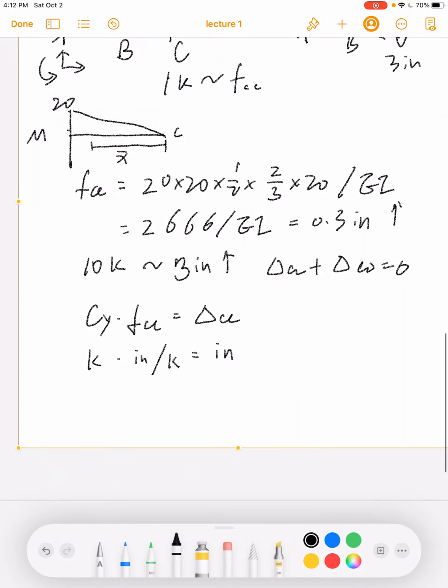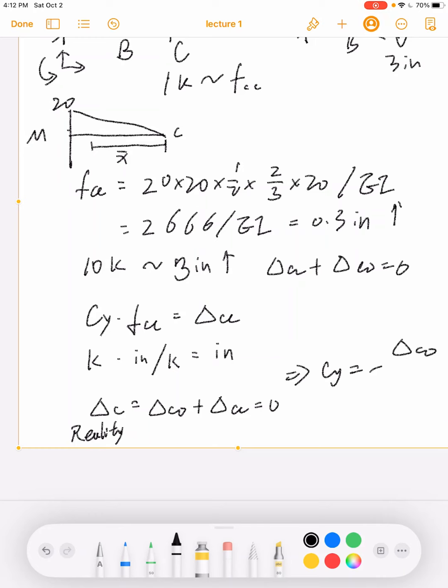So another way to write the compatibility equation here will be delta C, this is the reality, equals delta CO plus delta CC. That has to be 0. Because delta CC equals CY times FCC, what we will have here is CY equals minus delta CO over FCC. Okay, that's it for this video.